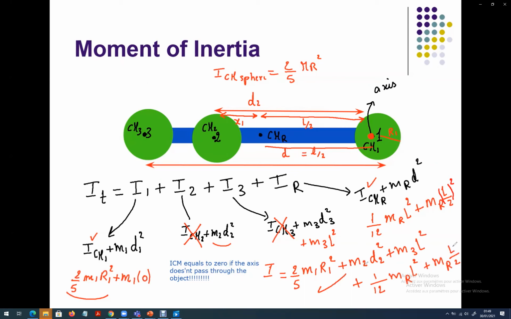Okay, like this we can solve and we can calculate the moment of inertia of any complicated object.